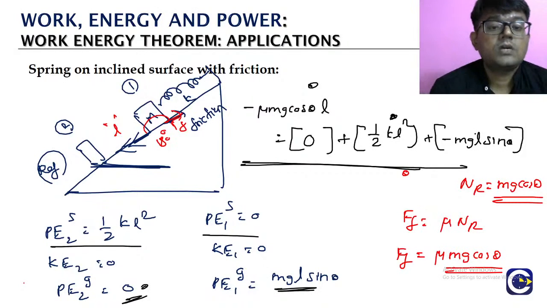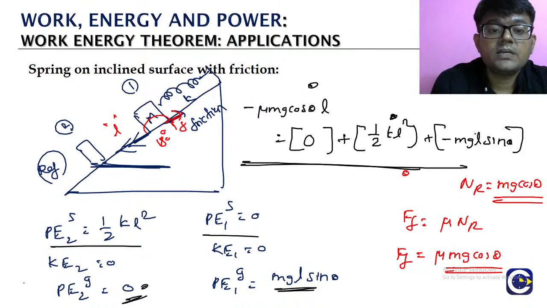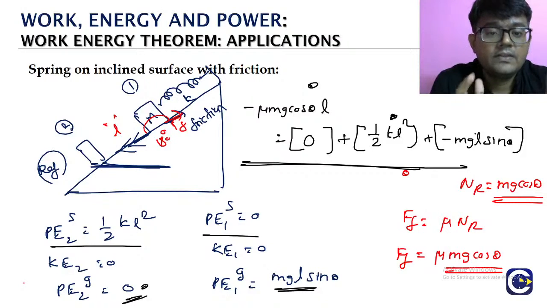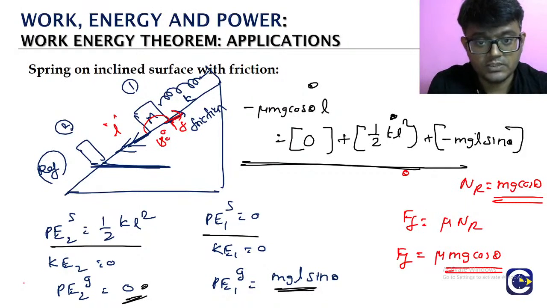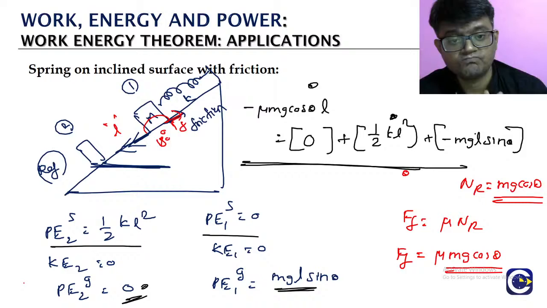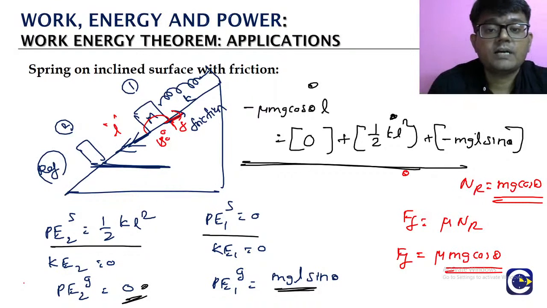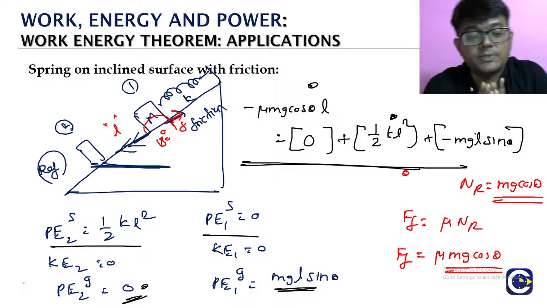So this is how we will have to look at the applications of the work energy theorem in problems where we have frictional force with a spring. With this we have completed the general level applications of the work energy theorem, including the spring energy concept.